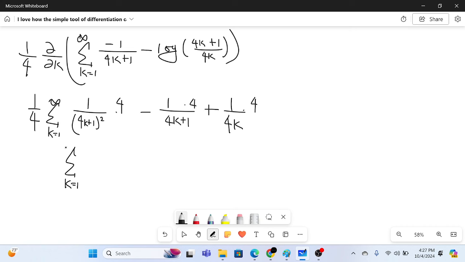Sum from k equals 1 to infinity, 1 by 4k plus 1 squared, plus sum from k equals 1 to infinity, 1 by 4k minus 1 by 4k plus 1.